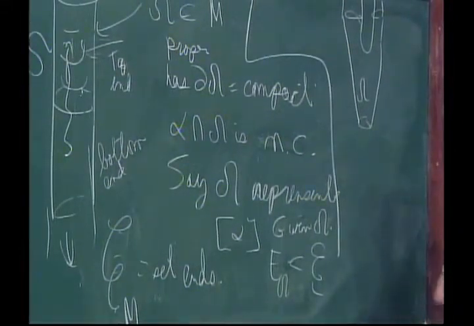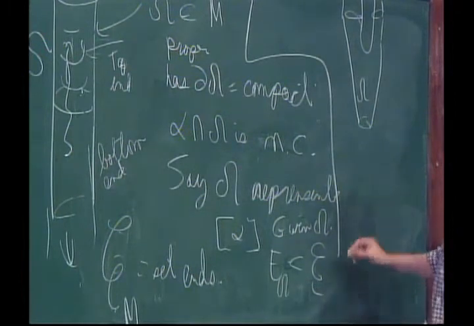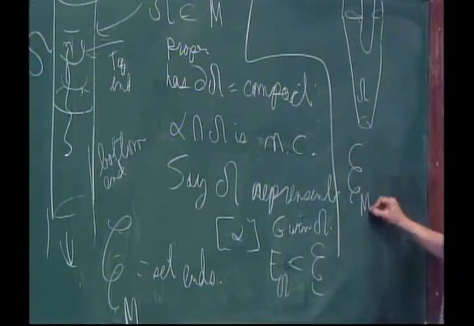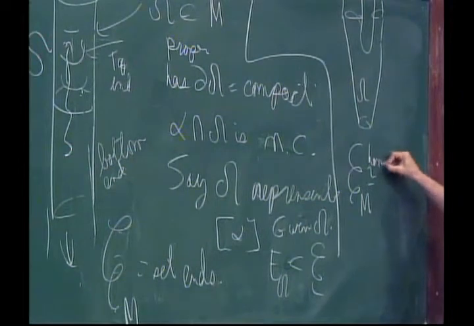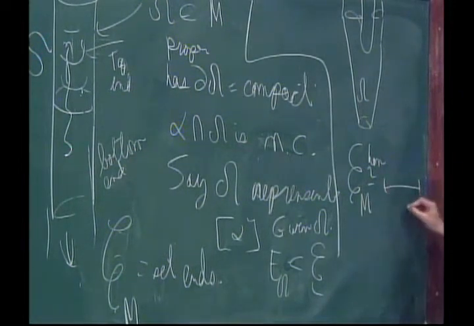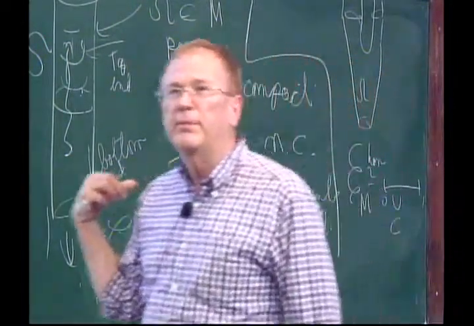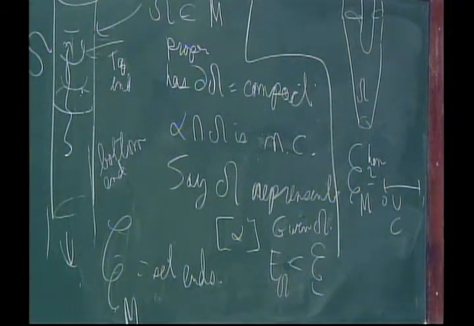Well, actually, it's easy to say it's a compact Hausdorff space, and then you need to do a little more work to understand that in fact E of M is homeomorphic to a closed subset of the unit interval. So with a little bit more work, you can actually prove that the space of ends of reasonable objects like manifolds are always homeomorphic to a closed subset of the unit interval.